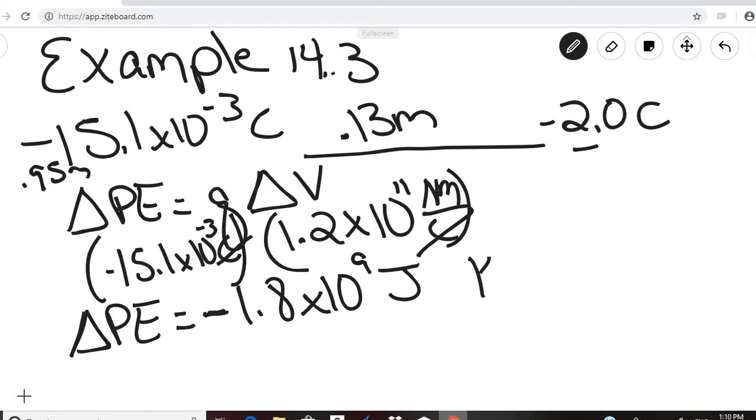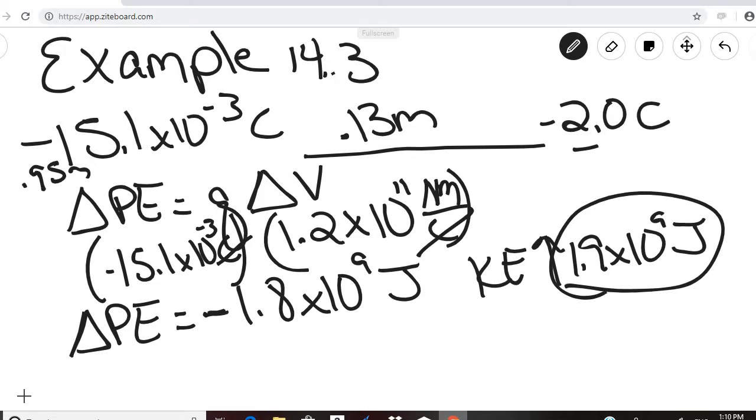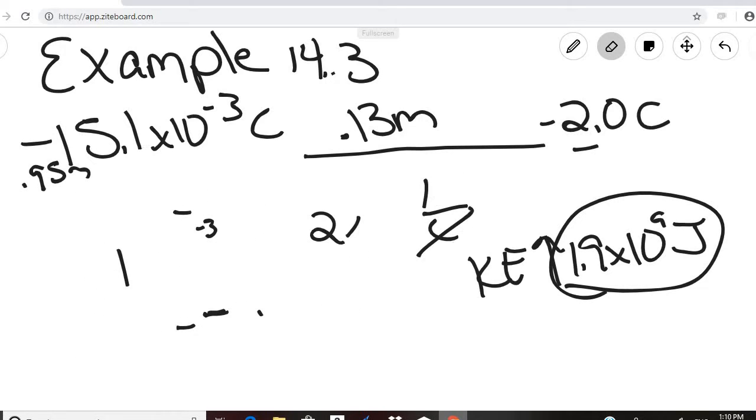That means that the kinetic energy had increased by that amount. They started stationary, so the kinetic energy started out at 0, but it is now about 1.8 times 10 to the 9th joules.